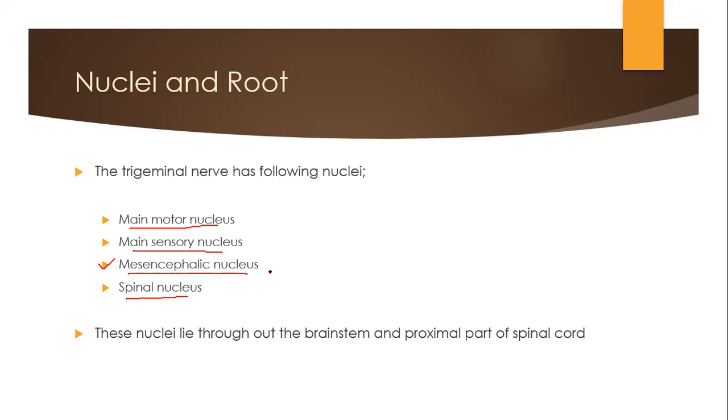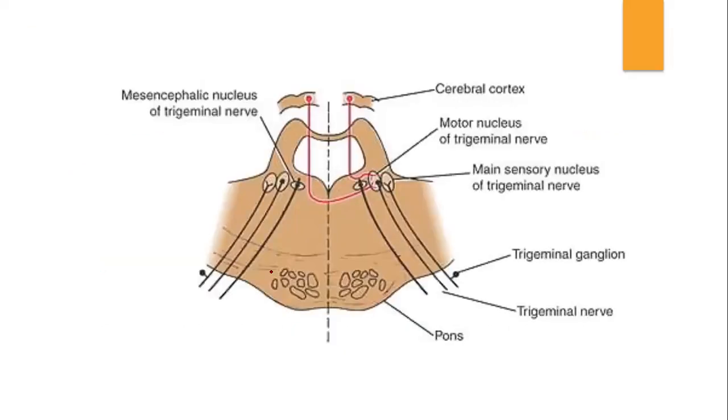Let's go into the details of the different nuclei. This is a diagram from Snell's. You can clearly see the main motor as well as the main sensory nucleus of the trigeminal nerve. This is the main motor nucleus, and this is the main sensory nucleus, and they're present at the level of the pons.